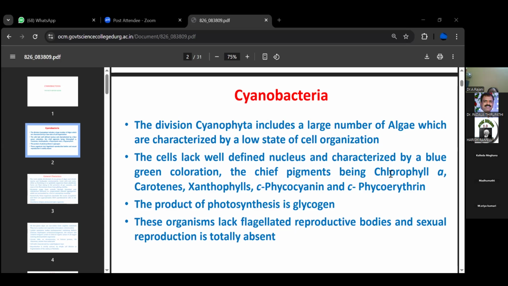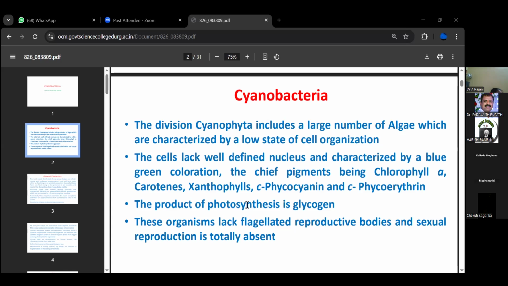And another very important point, here also flagella are absent. I'll ask one question: in Chlorophyceae, Phaeophyceae, Rhodophyceae, in which class is the flagella absent? In the last three classes, which class of algae has flagella absent?